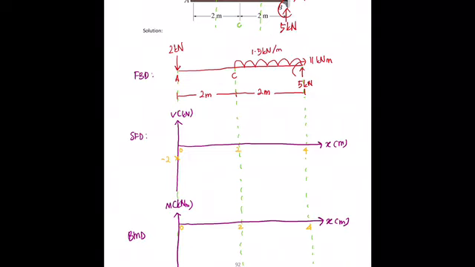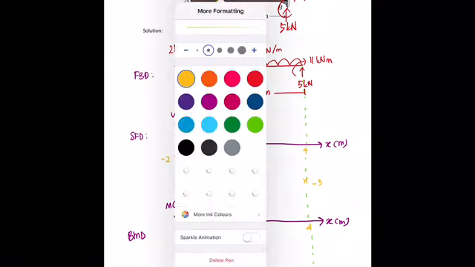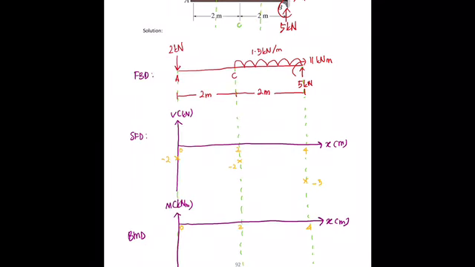When x is equal to 2, V also negative 2. When x is equal to 4, V is equal to negative 5. And then you can connect the line. Because at point A you have 2 kN downwards, so you move down until this point, and then negative 2 to negative 2, straight line.